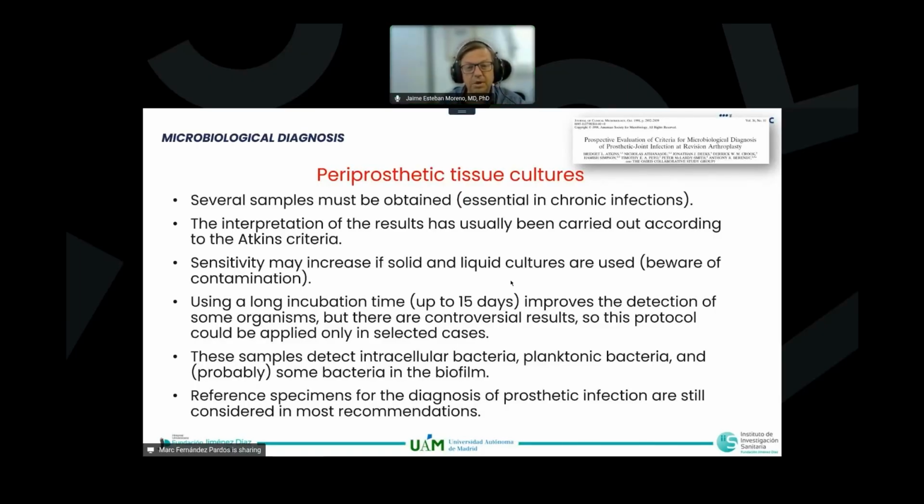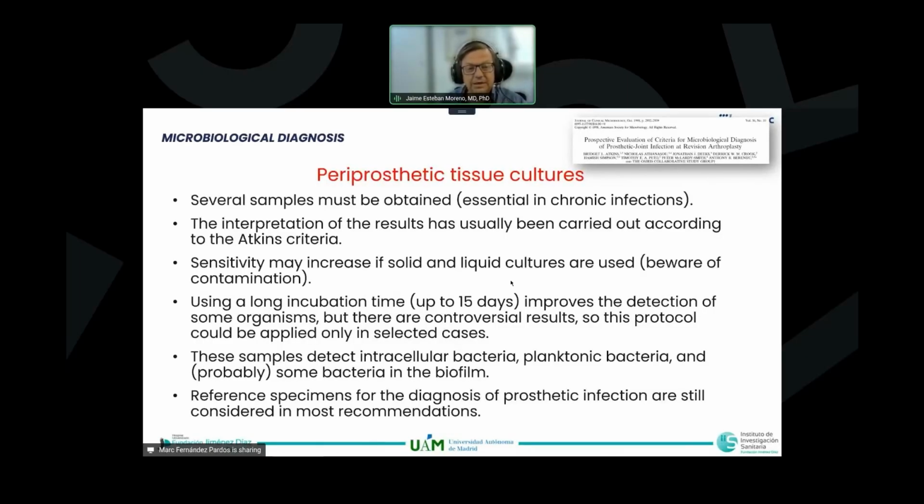In our review, we have seen that blood cultures increase sensitivity more than the conventional liquid cultures in tubes. It is necessary to use a long incubation time in order to detect slowly growing microorganisms, and these samples can detect the presence not only of planktonic bacteria but also intracellular bacteria and probably biofilm-related bacteria.